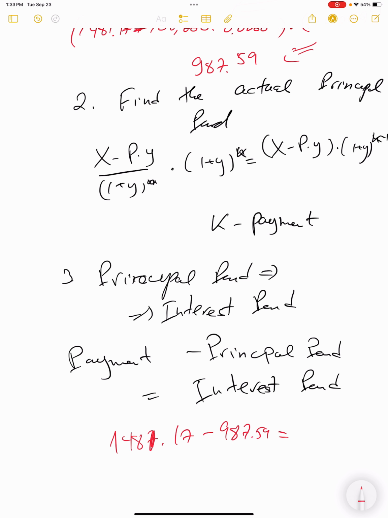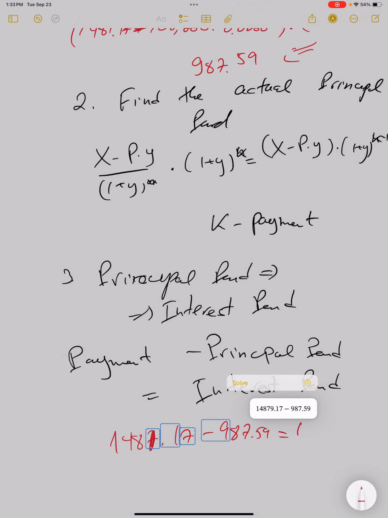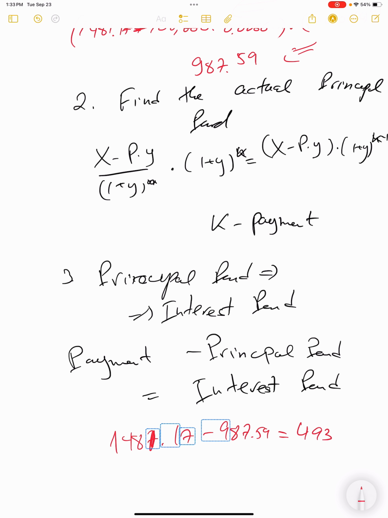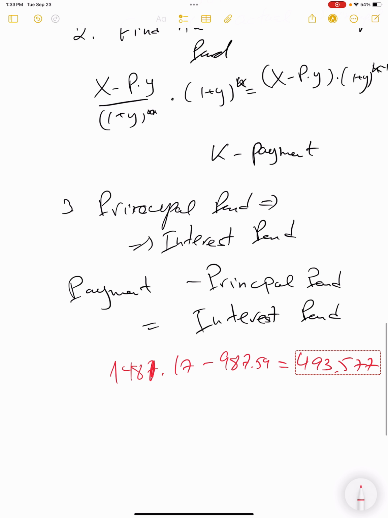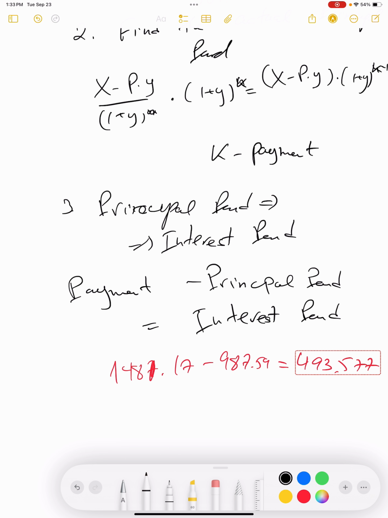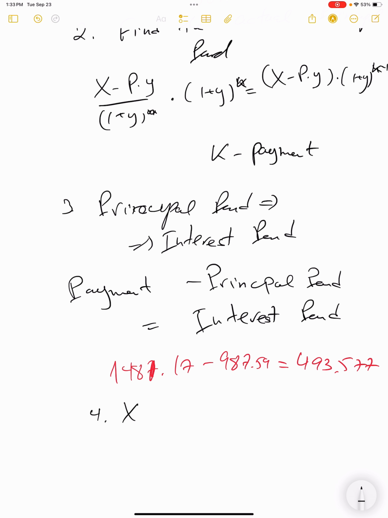So overall we're going to get here 493.577. And if you use the formulas, you can say that this is x minus p times y times 1 plus y to the power of k minus 1, and so this is going to be the interest paid.